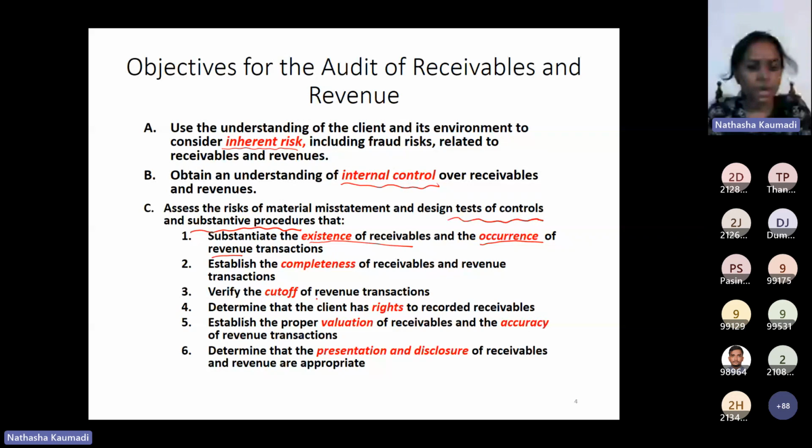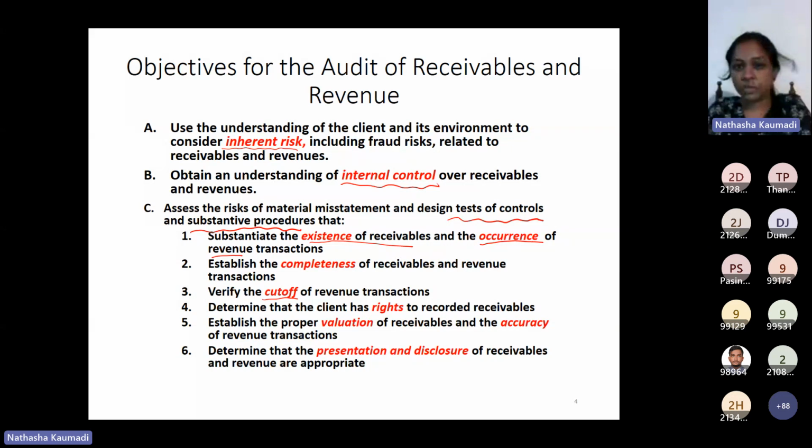What do you mean by cutoff? I discussed that last week. Cutoff means whether all these revenue transactions have been recorded in the correct accounting period. There can be some frauds or some errors maybe. Now let's say the year end is 31st December 2022.